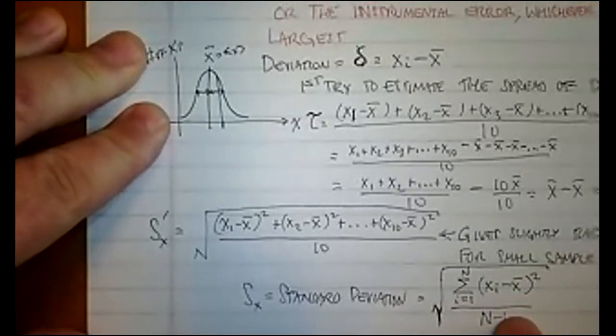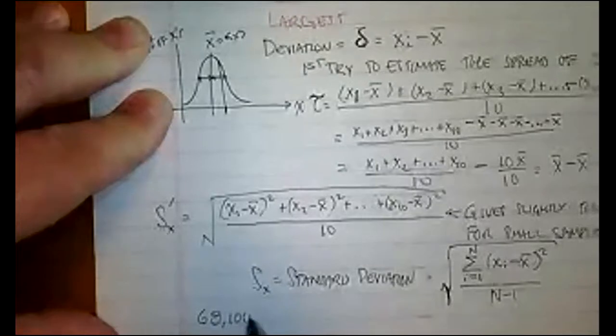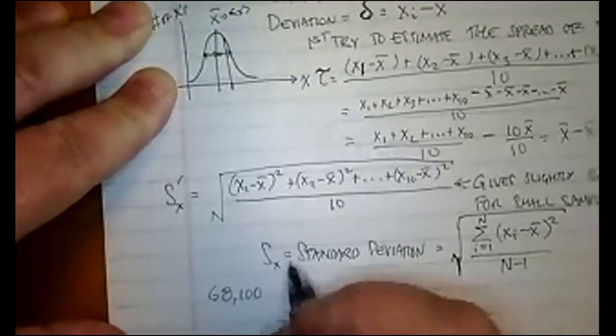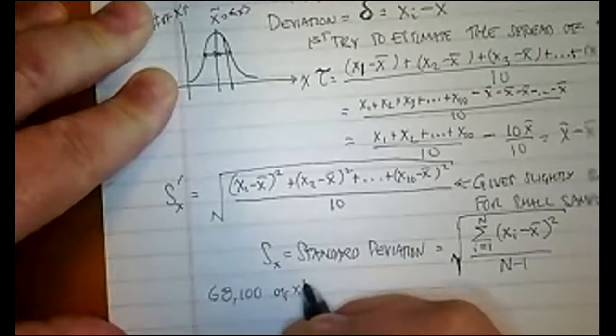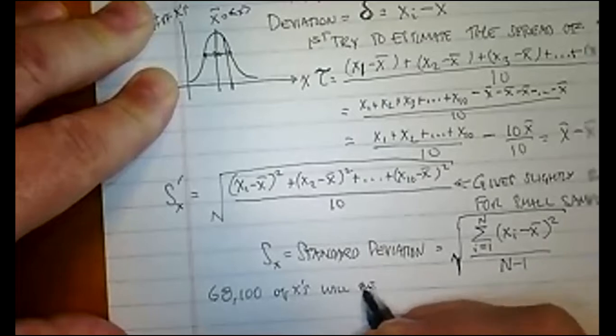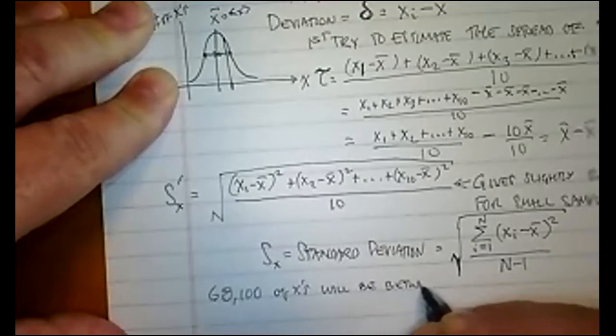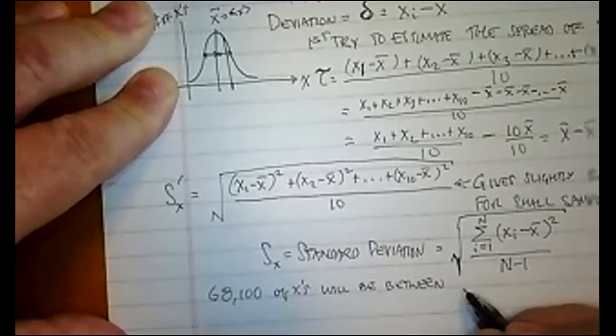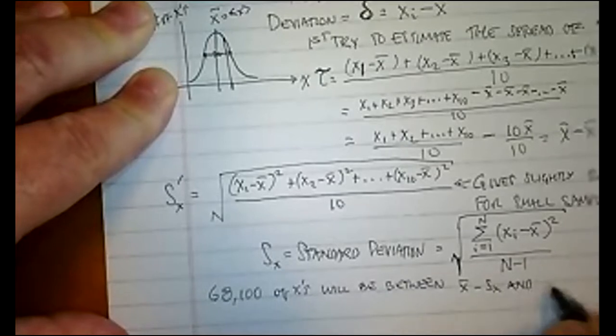Well, remember this curve up here. If you calculate the standard deviation, then 68.1% of the x's will be between x bar minus s sub x and x bar plus s sub x.